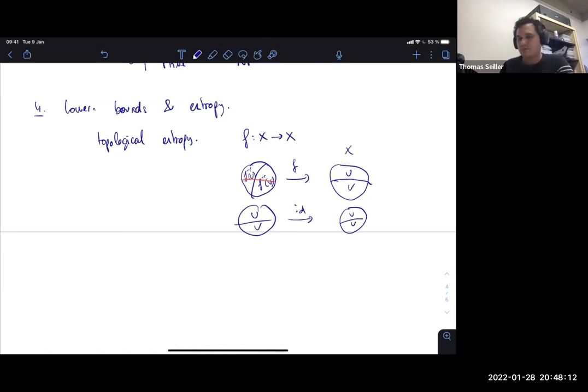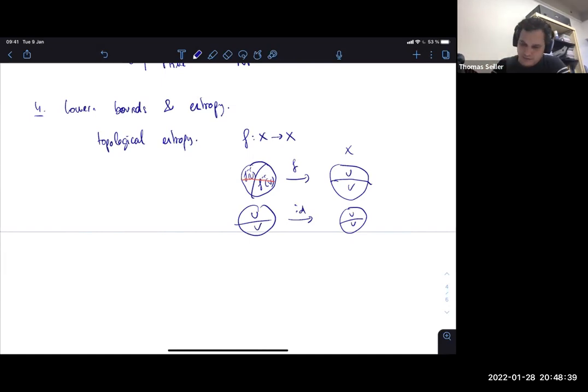So the idea is that you're taking your space and you have some kind of blurring glasses, right? So you cannot see the whole space. You can just see finite information about it. So you just know that there are points in U and points in V, and then you try to describe the behavior of the function in terms of these U and V, right?